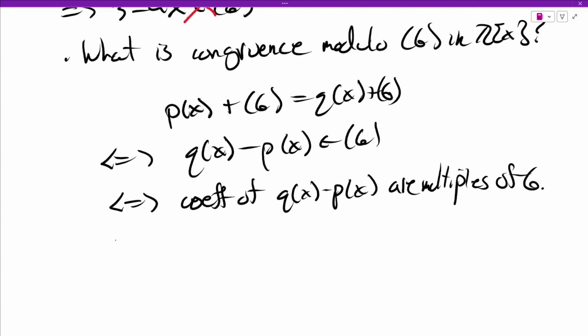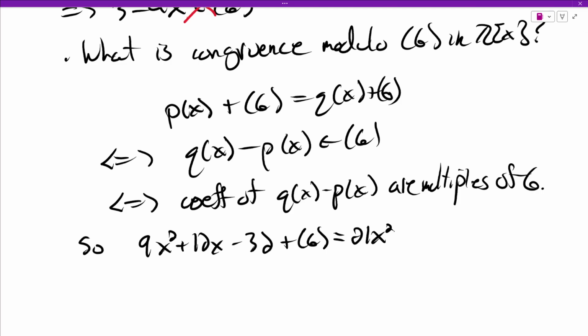And so, for example, 9x squared plus 12x minus 32 is congruent to 21x squared minus 38, because of the difference in coefficients. Let's look at the x squared coefficients. 21 minus 9 is 12.